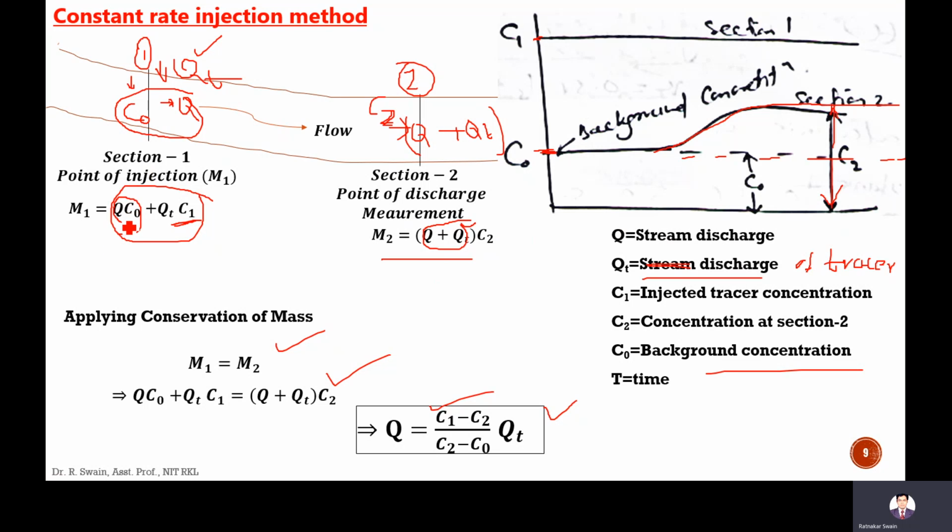And M1 is Q C naught, C naught being the already existing concentration into Q, plus QT C1. QT means the tracer discharge into the concentration of the tracer that you are adding. So applying conservation of mass, Q equals (C1 minus C2) divided by (C2 minus C0) into QT.